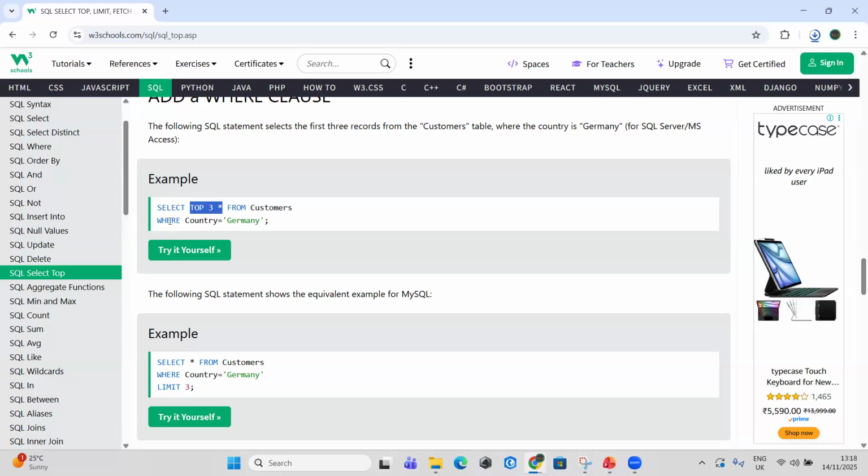This does not have an influence on the condition we are applying. So our condition was this. If we forget this for a moment, we just say select star from customers where country is equal to Germany. All the people with the country Germany will show up, and just adding this here means selecting the top three from them.